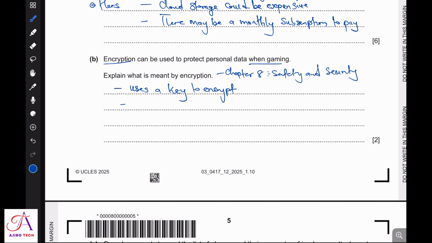One way is to convert plain text into ciphertext. Now if I want to put others here, it makes the data meaningless.